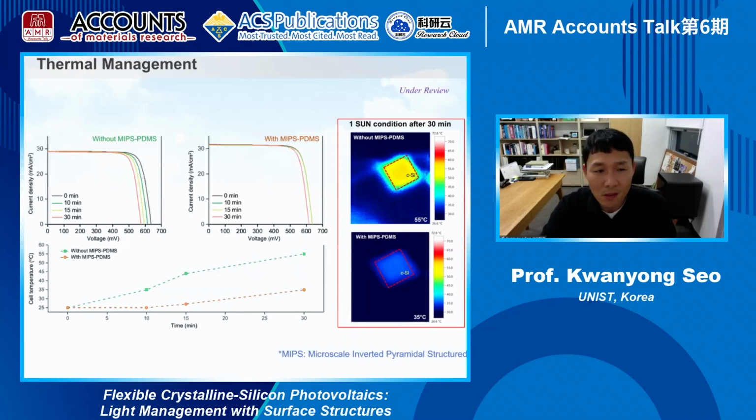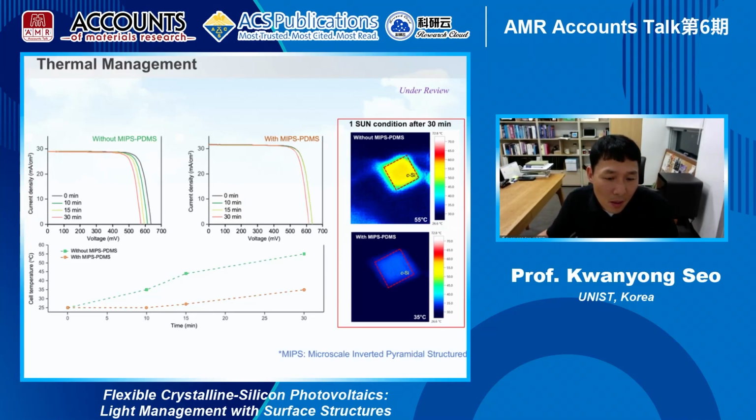You know what, the PDMS I used as a sticker for the flat surface-based solar cell is also known as a very good radiative cooling material. So by only applying this PDMS film on the top of the surface, we can decrease the overall device temperature during the daytime.